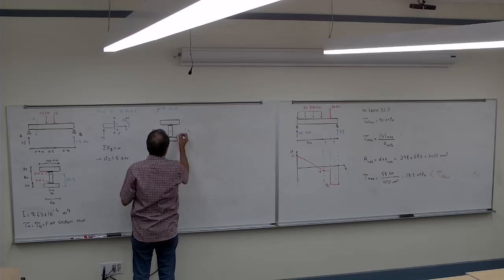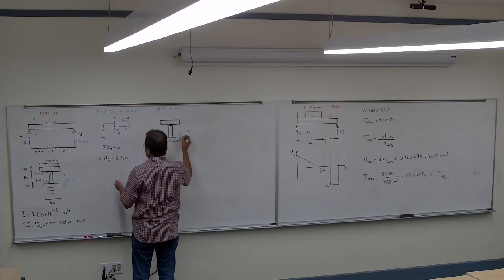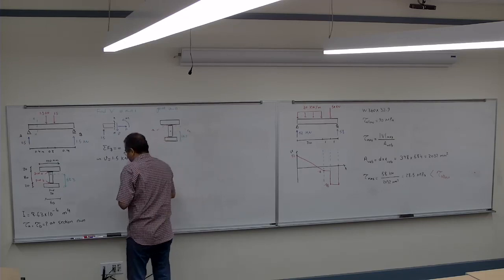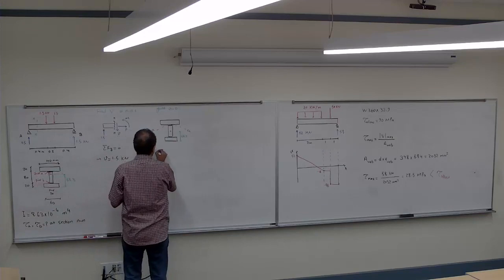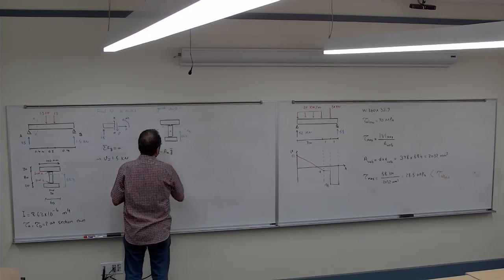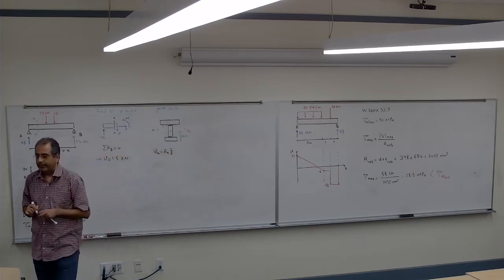So this distance is 68.3. Remember, first of all I need to find the QA, which is going to be the area of A times y bar for that area.